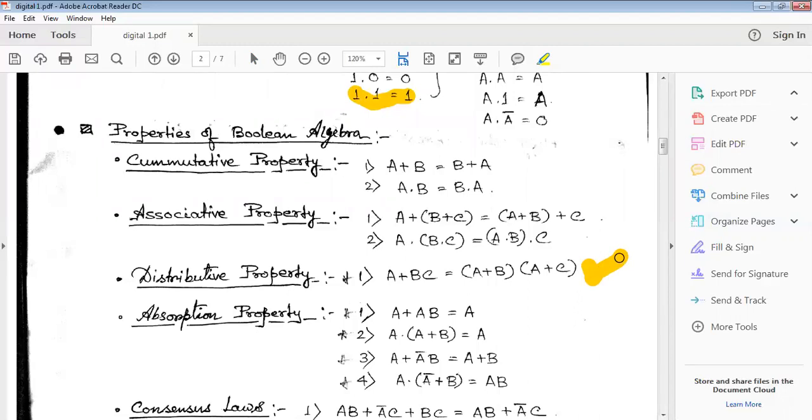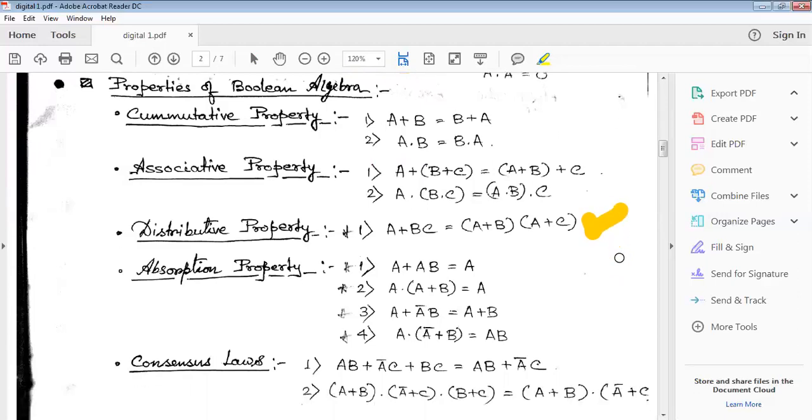It will be shown later as we move further into Boolean math. A plus AB, these are also very important. A plus AB equals A, A into A plus B equals AB, A plus A bar B equals A plus B, and A dot A bar plus B equals AB.